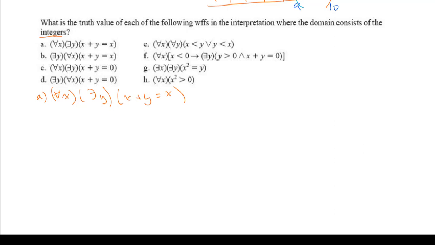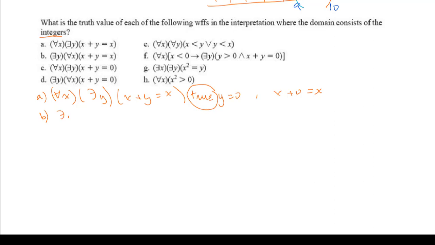And I would say this is true. And why is it true? Because if y equals 0, then for any integer x, there exists y equals 0 so that x plus 0 equals x. So the answer is true.